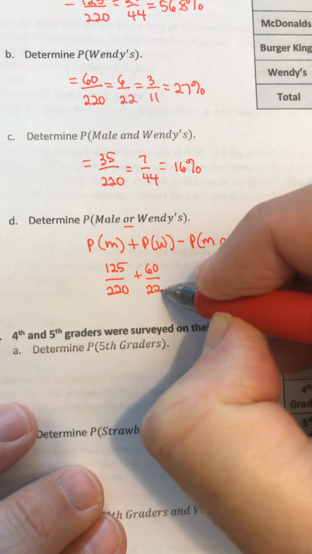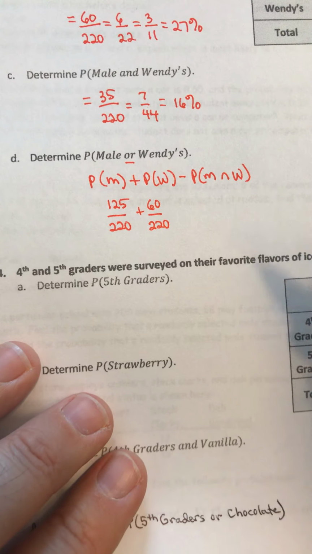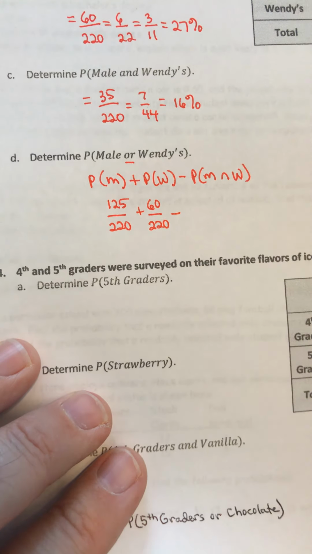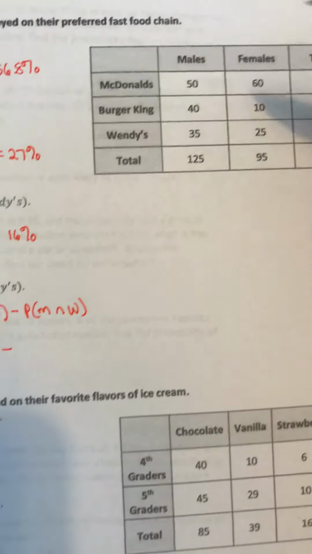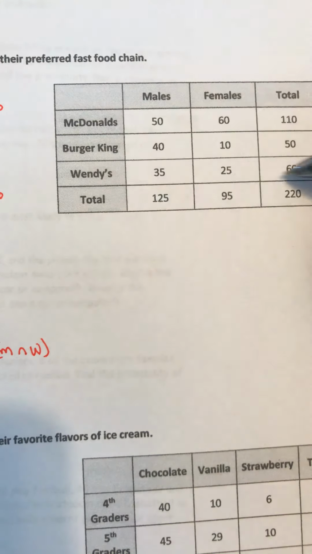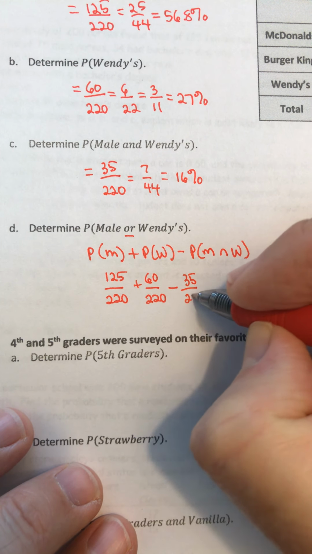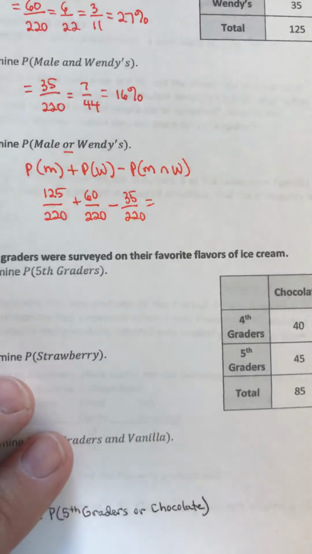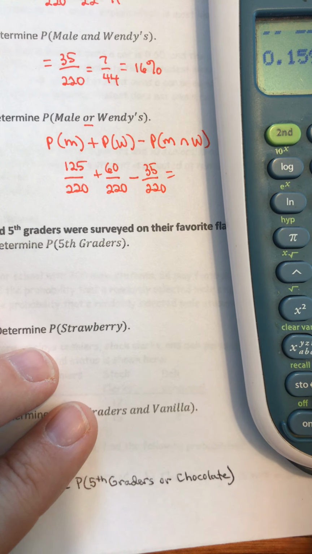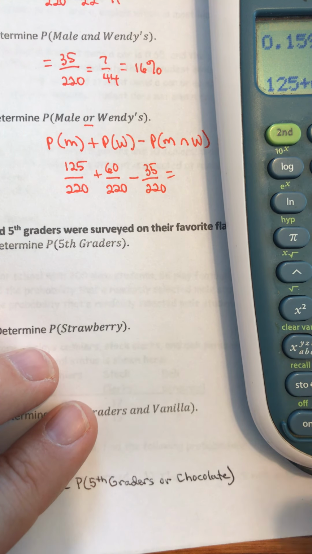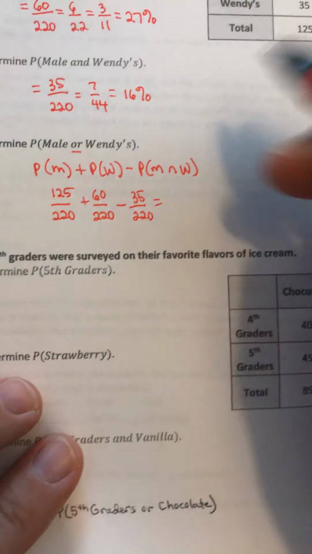The reason why I'm leaving those as fractions like that and not reduced is now they all have the same denominator. And then male Wendy's is 35 over 220. I type that in my calculator. So 125 plus 60 minus 35 equals 150.